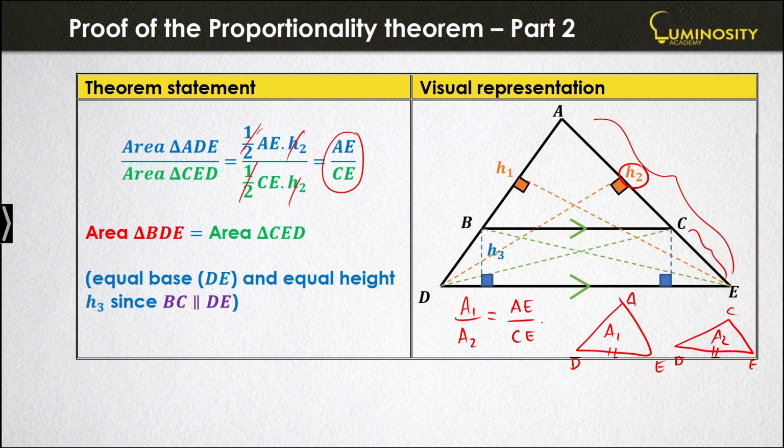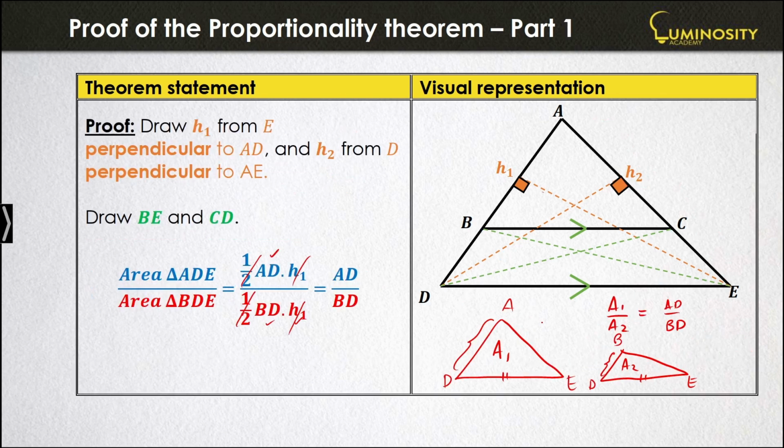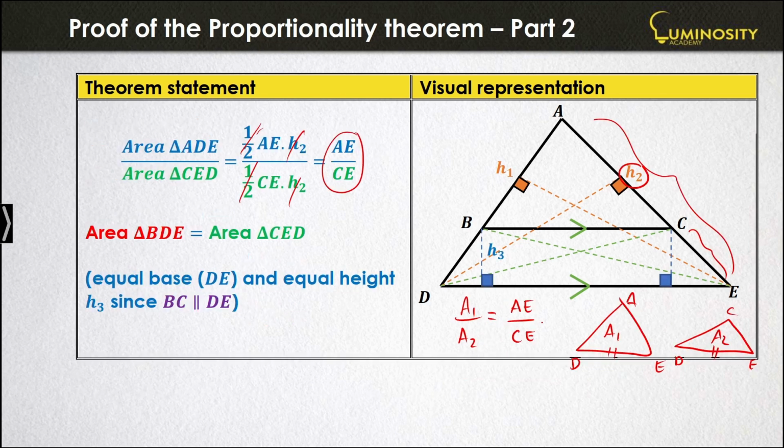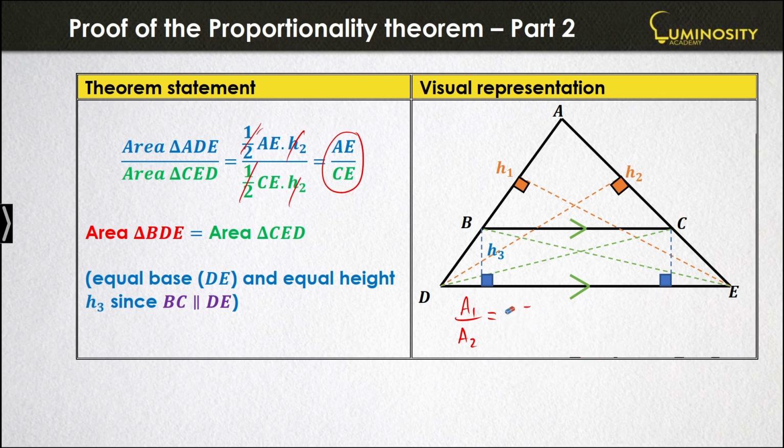So if we come back now, can you see the area of triangle BDE? Let's clear this up so we can see it more clearly. Now I'm going to compare the areas of these two smaller triangles down here.